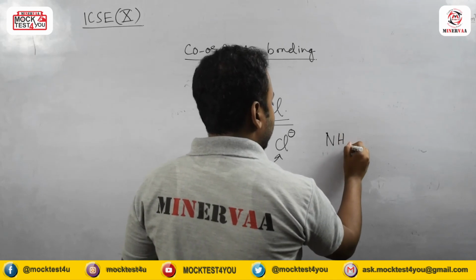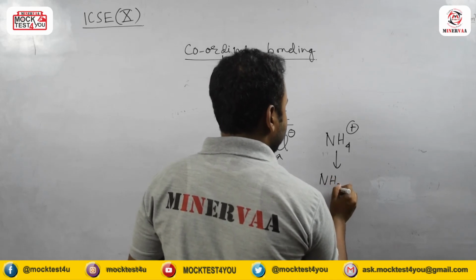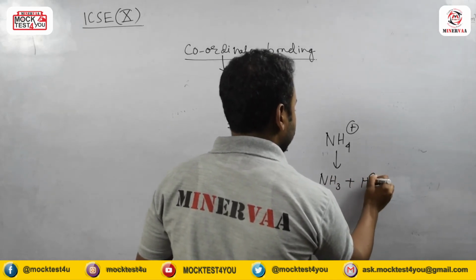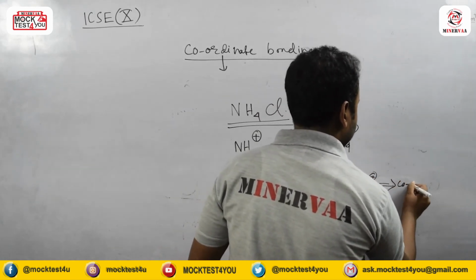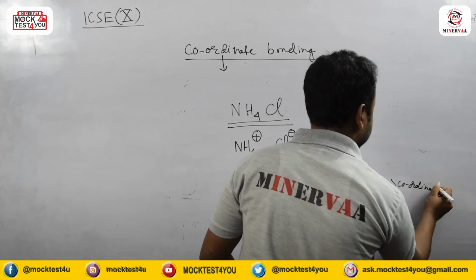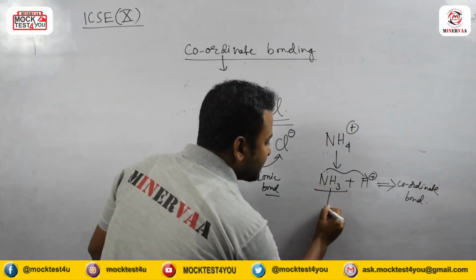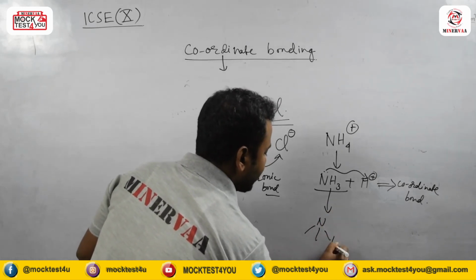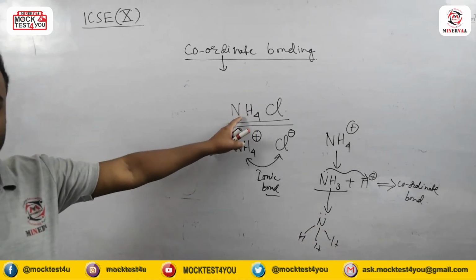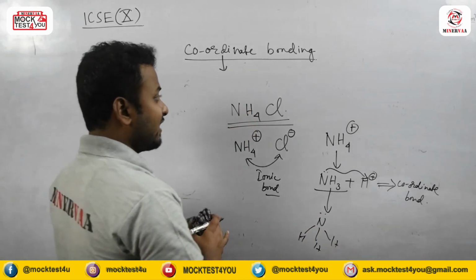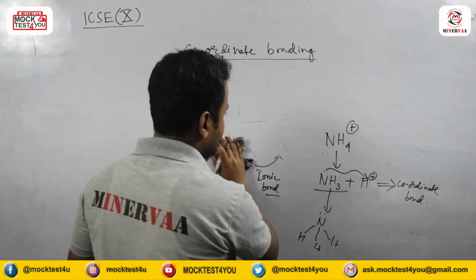Now, how is NH4 plus formed? NH3 plus H plus. This is a coordinate bond. And how is NH3 formed? By covalent bonding. So all the 3 kinds of bonding are present in this molecule, right? So you can give this molecule as an example which contains all the 3 types of bonding.